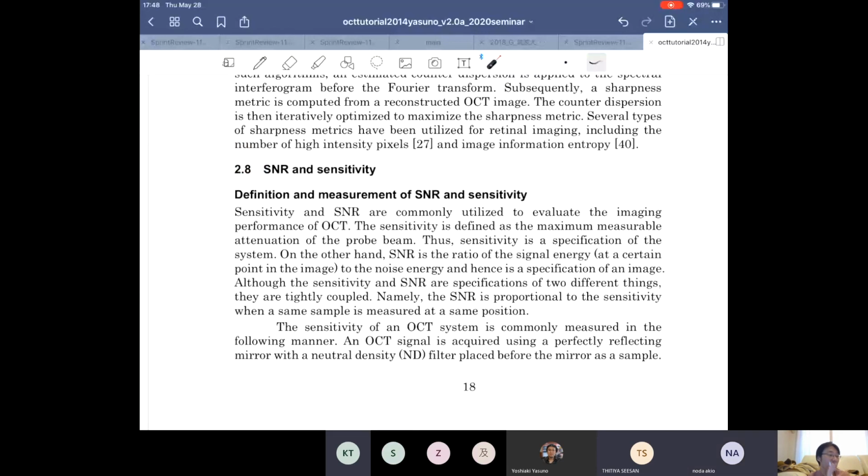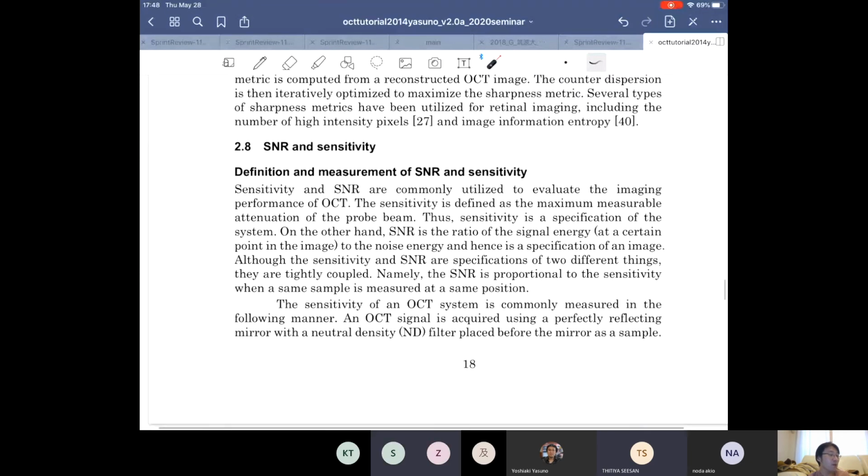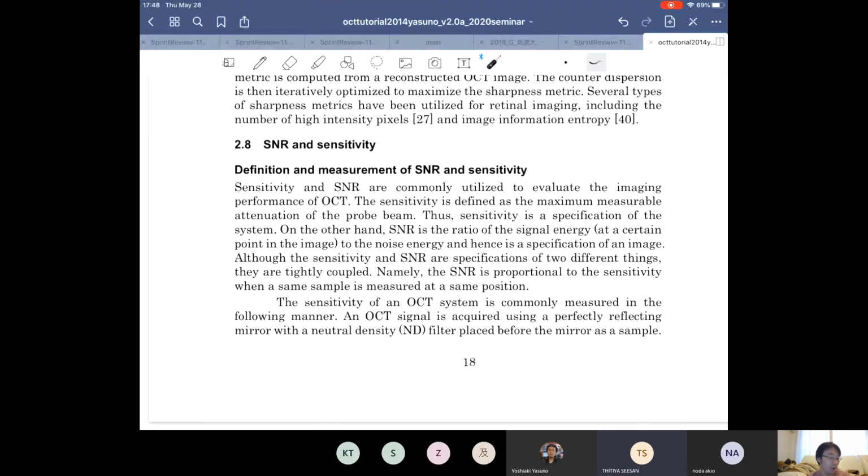In general, this seminar aims at training you to read the literature in addition to learning the basics of OCT. So no matter which section you are assigned for the day, please read through the manuscript by yourself.